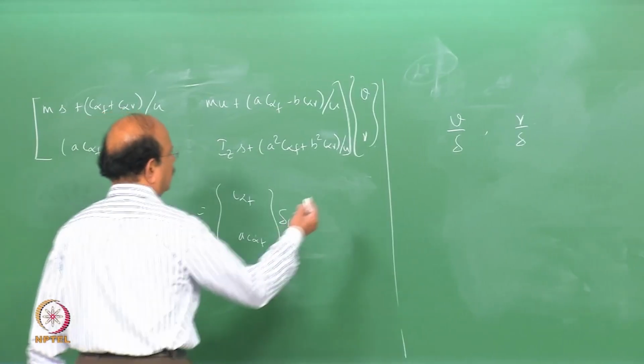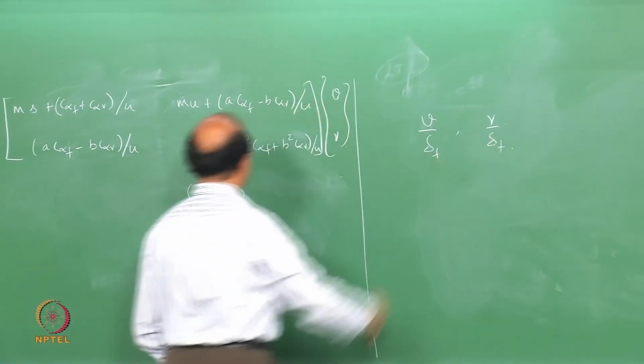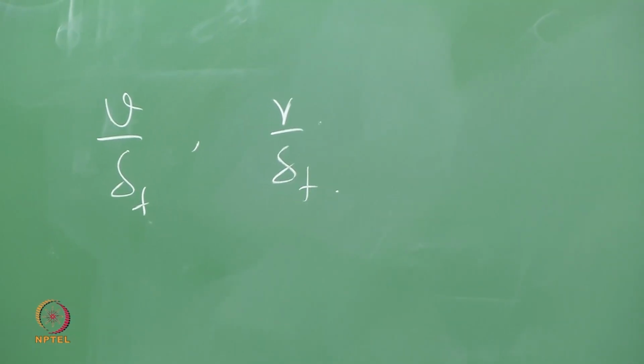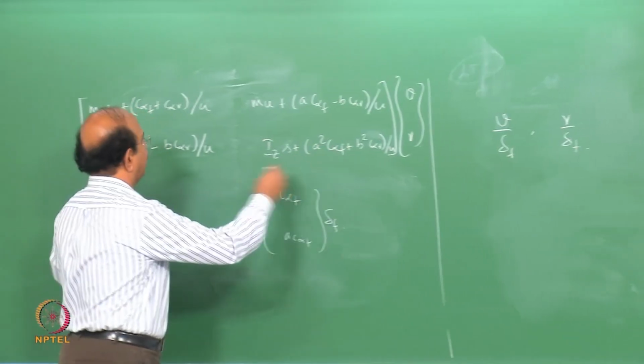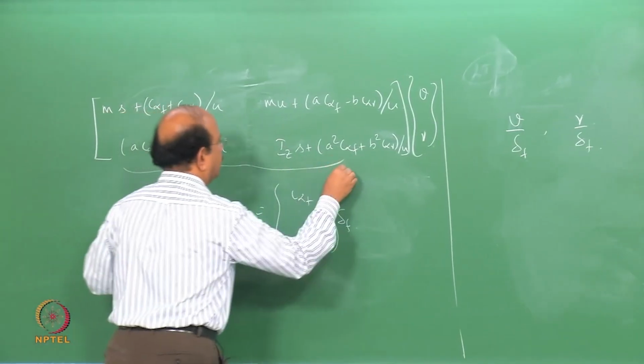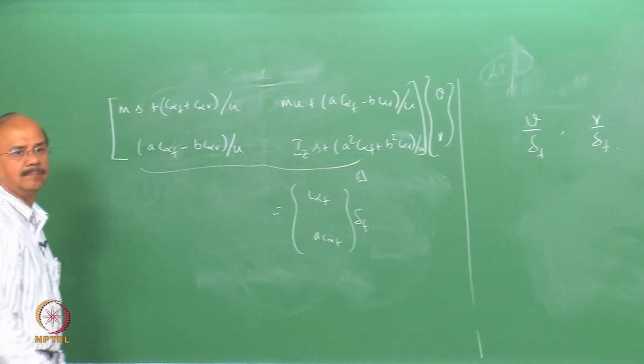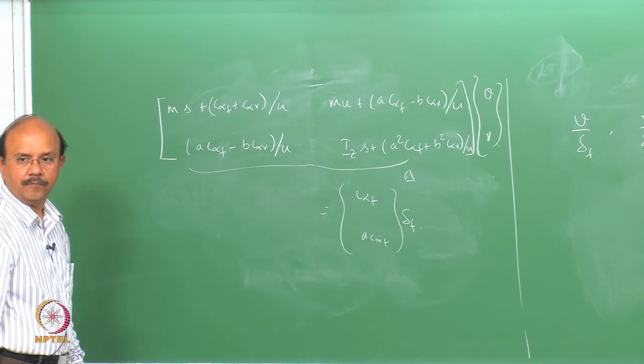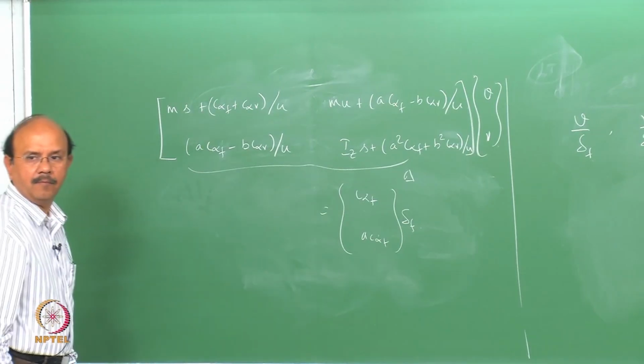Simple, delta F. I'm going to use Cramer's rule. Let me call this whole matrix delta.